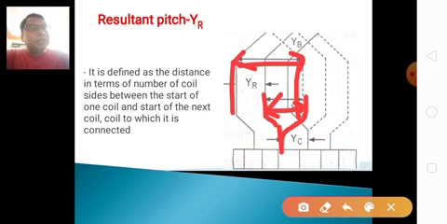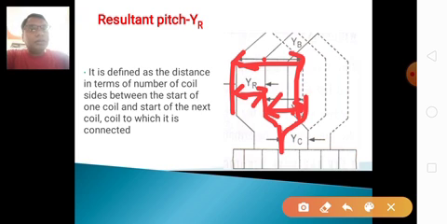The resultant is YB minus YF in lap winding, that is YR equals YB minus YF. Similarly in wave winding, the resultant is YR equals back pitch plus front pitch.